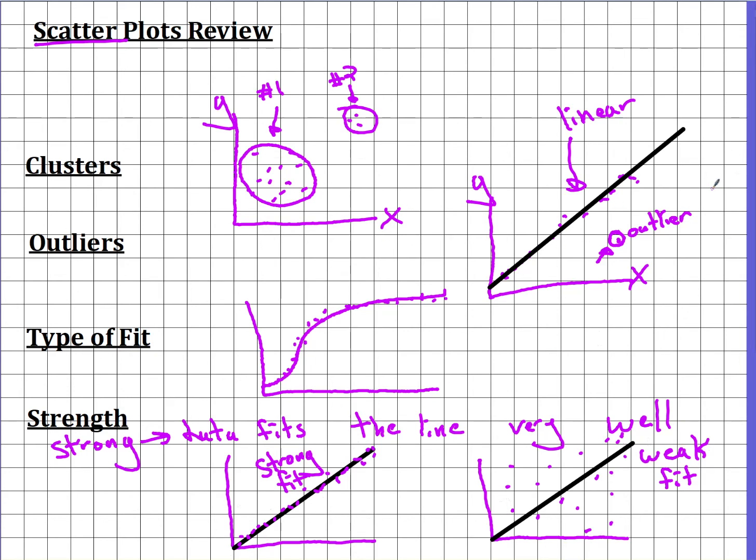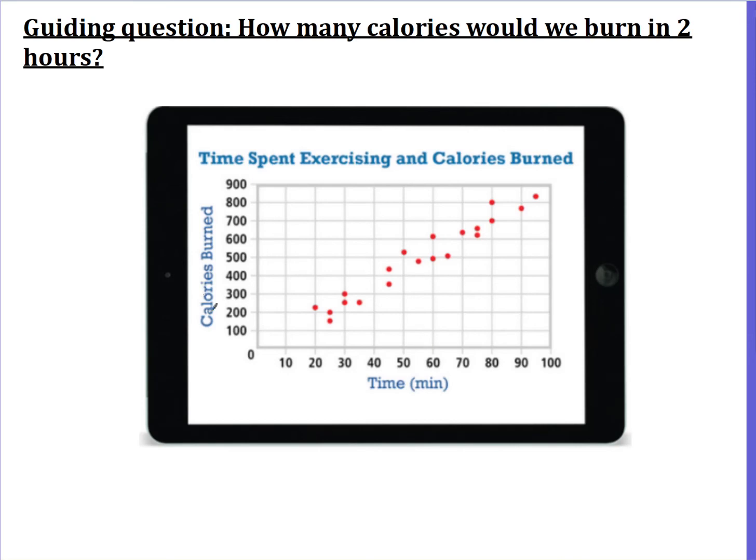So let's go into an example of how you apply this. We're going to look at an example we looked at earlier in the year: calories burned versus time spent exercising. We don't really know much more about the situation other than what this graph is telling us. It's telling us that we've got some kind of data record with calories burned.